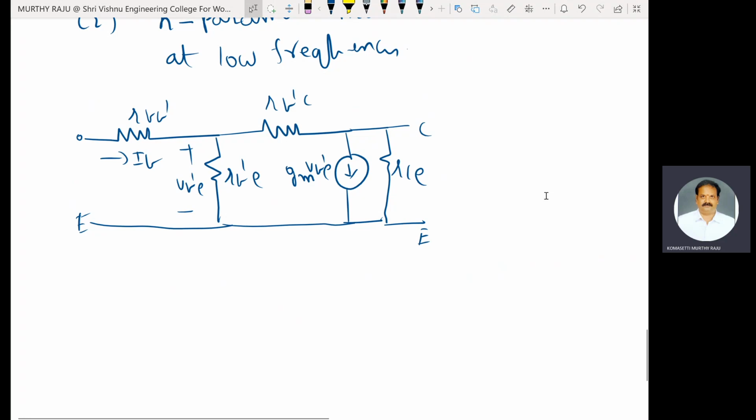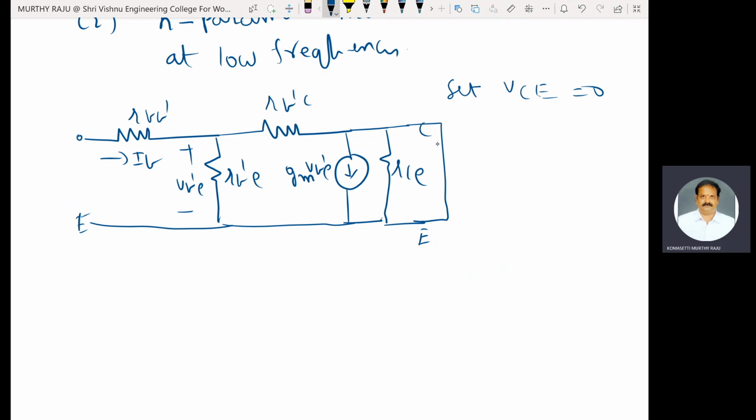This is the RB dash E, due to forward bias applied at the emitter base junction. Therefore, set VCE equal to 0. That means shorted.